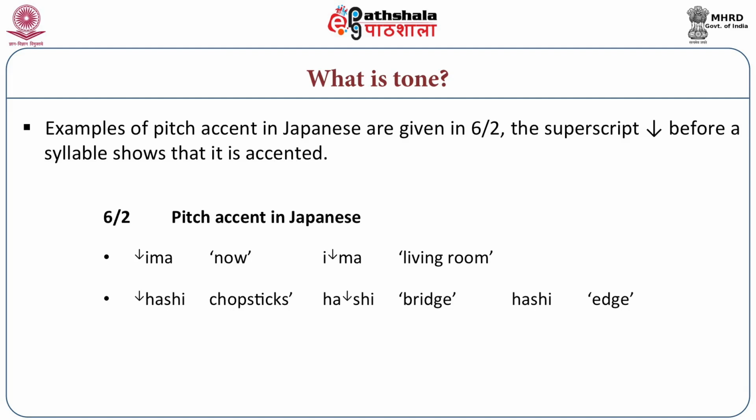A word such as hashi can have three different pronunciations based on difference in pitch accent to give us three different words, namely chopsticks, bridge, and edge.